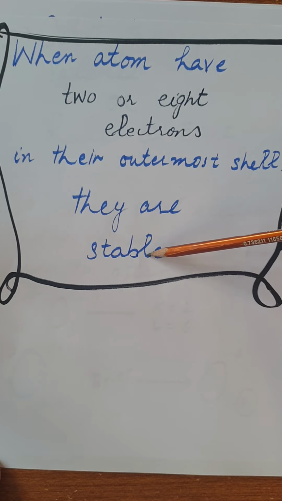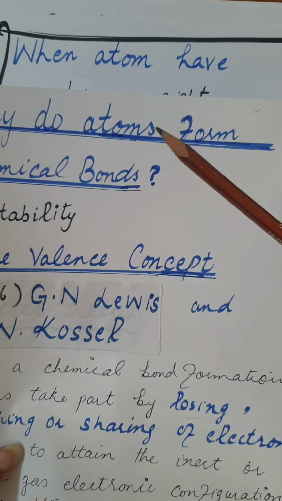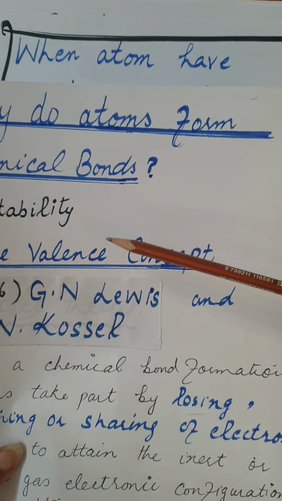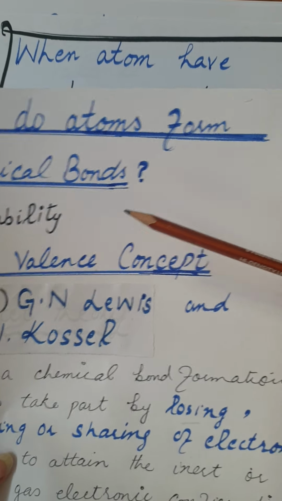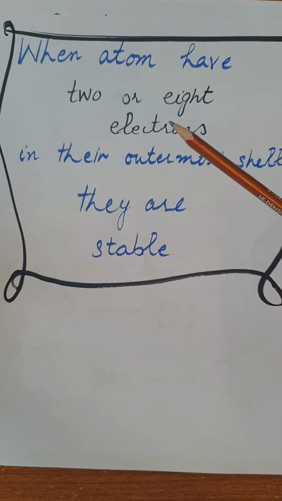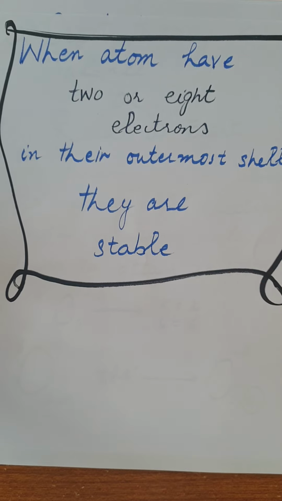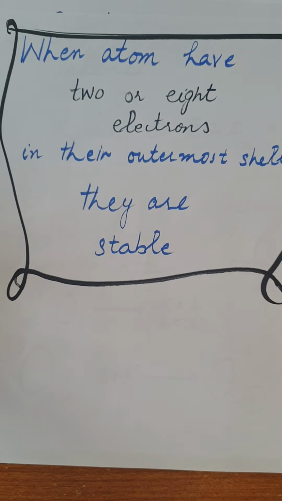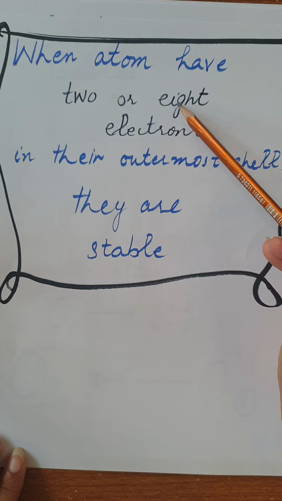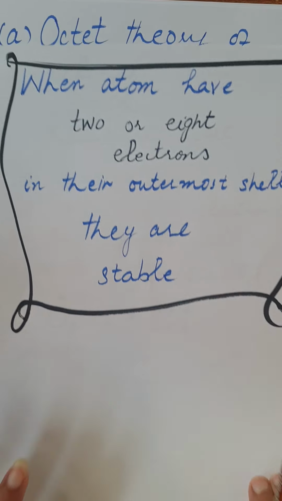The outermost orbits of atoms are incomplete, and they want to complete them. We discussed earlier that atoms form chemical bonds because of stability. Now what is stability? Stability means that an atom completes its outermost shell with the help of 2 electrons or 8 electrons.